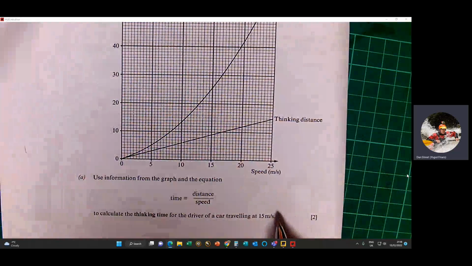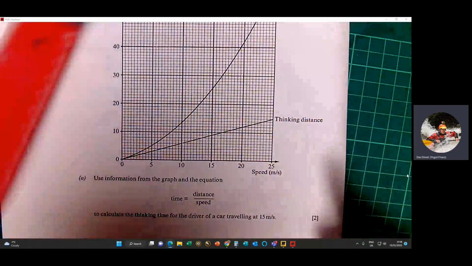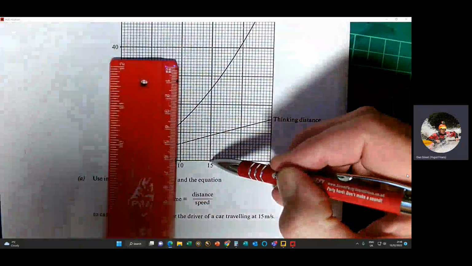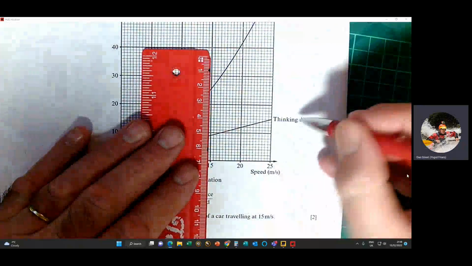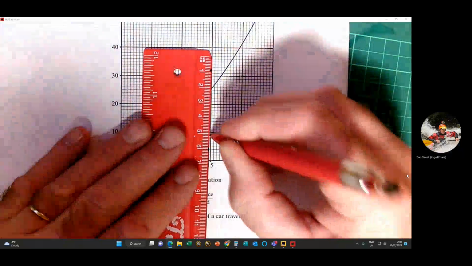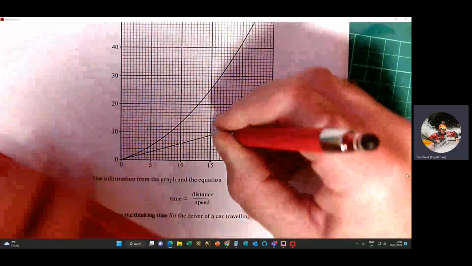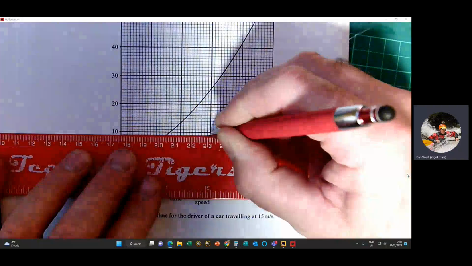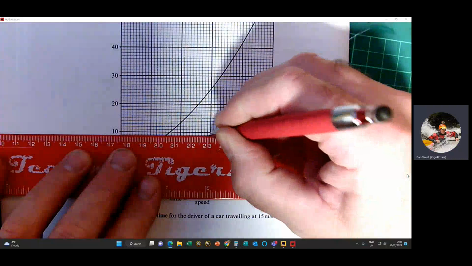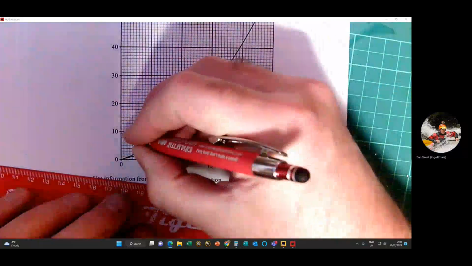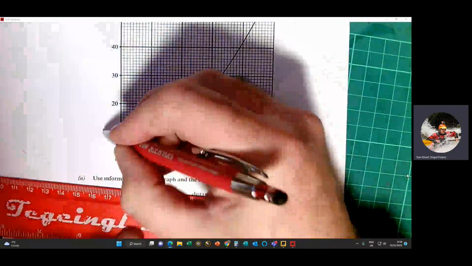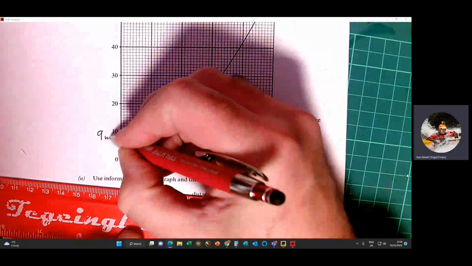Okay, so what we need to do is find 15 meters per second, which is here, and we need to rule a line up to the thinking distance line, and then a horizontal line where it crosses back towards the distance axis. Okay, and it seems that that's pointing at 9 meters.